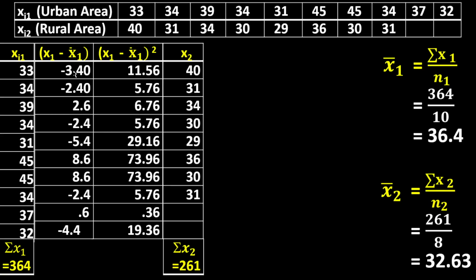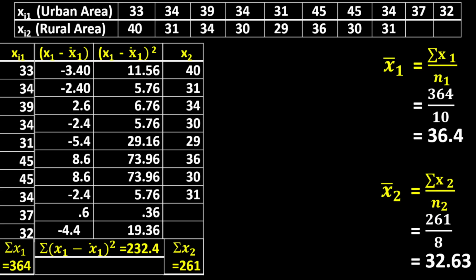In this way, the square of each deviation is found and written in the third column, and after finding the squares of the deviations of urban area, we will find the sum of the squares of deviation. The sum of squares of the deviations taken from the mean for urban area, sigma (x1 minus x bar 1) whole square, equals 232.4.